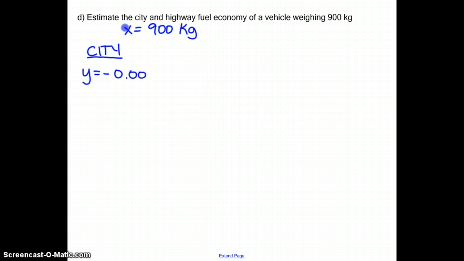Part D says estimate the city and highway fuel economy of a vehicle weighing 900 kilograms. Is that 900 your x or your y? It'd be your x. Good. So x equals 900 kilograms, and we need to plug it into each of those equations. For the city, our formula is y equals negative 0.005x plus 16.5.